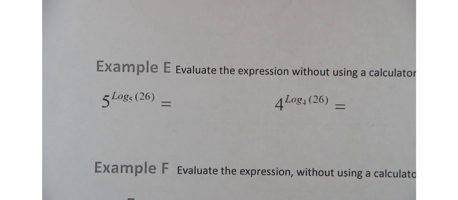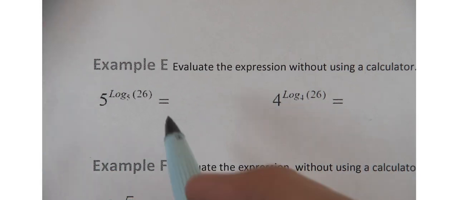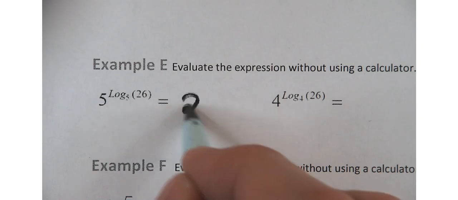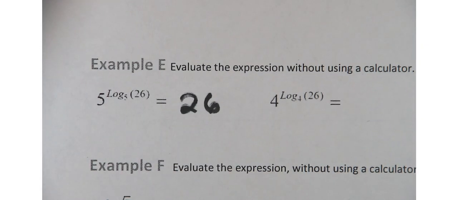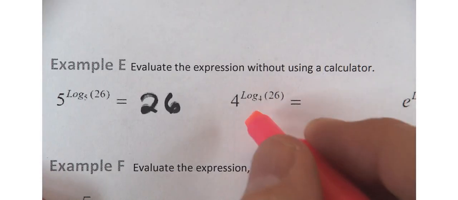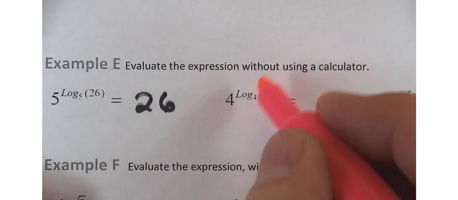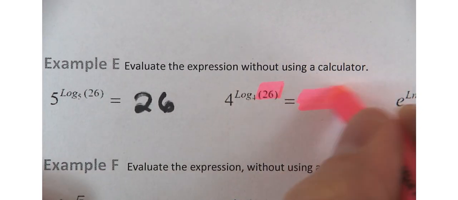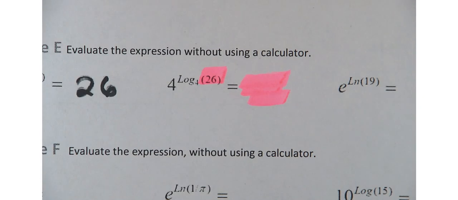What number would you suspect here? 26. And again, it's because these numbers match each other. So for instance, these two things are a 4. That's a 26. What's going to end up being here? 26.